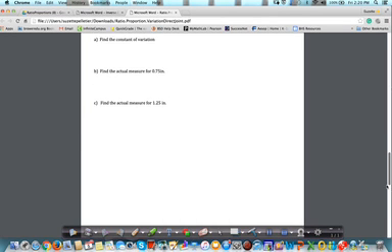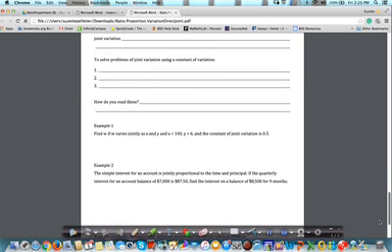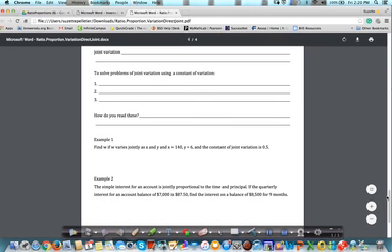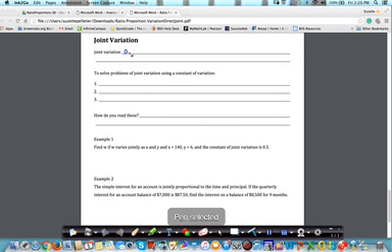Next on our page is joint variation. So we just talked about direct variation. Now we're going to talk about joint variation. Joint variation is when one quantity varies directly as a product.